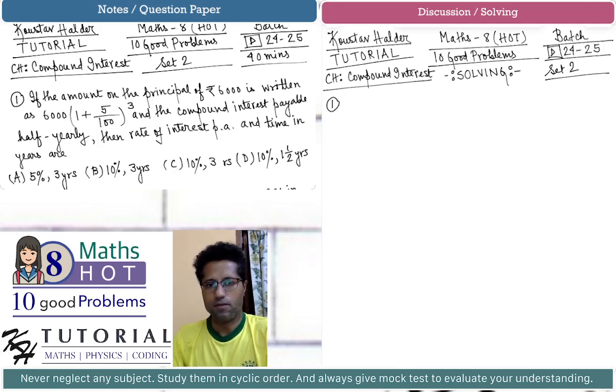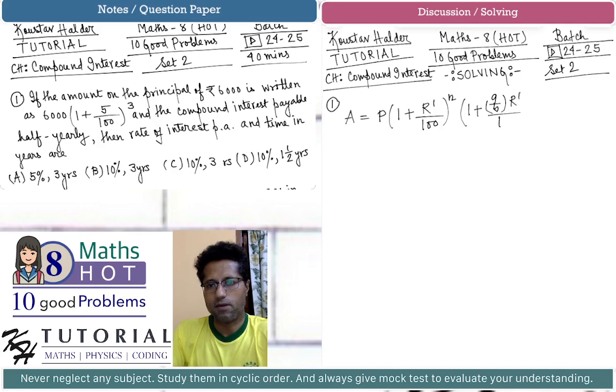The general formula for the amount based on compound interest, where the rate of interest per annum is the same throughout the period of time, is: amount A is equal to the original principal P multiplied by (1 plus R dash by 100) to the power small n, multiplied by (1 plus the fraction a by b multiplied by R dash divided by 100).